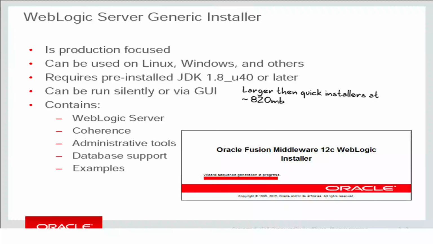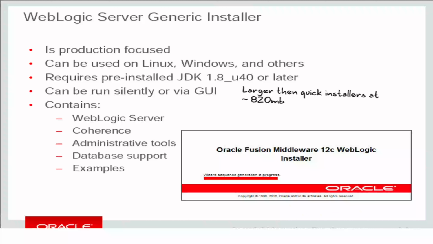And here is the WebLogic Server generic installer. Let me talk more about it. As I mentioned, it is a production-focused installer. So where we want to have our production environment, we can go with the generic installer, and it can be used on Linux and other platforms as well.